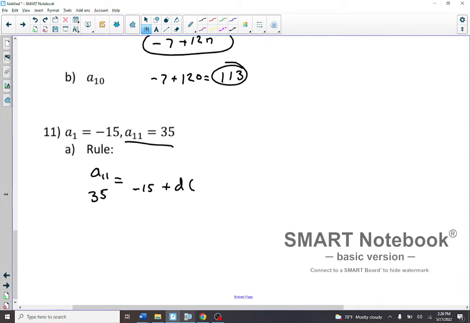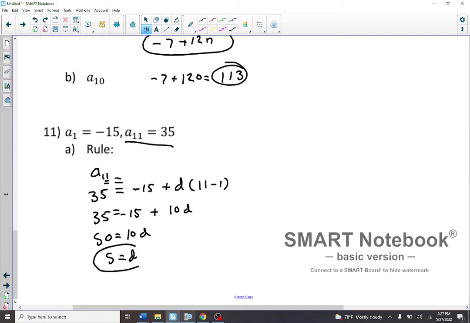But since I use 11, my n is going to be 11 minus 1. So 35 equals negative 15 plus 10d. Plus 15 on both sides, 50 equals 10d. Divided by 10 on both sides, 5 equals d. So I found the pattern is 5.